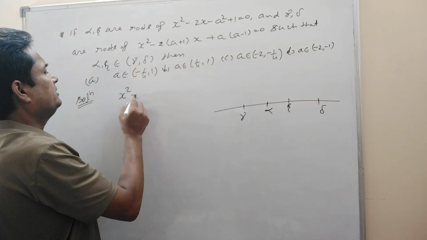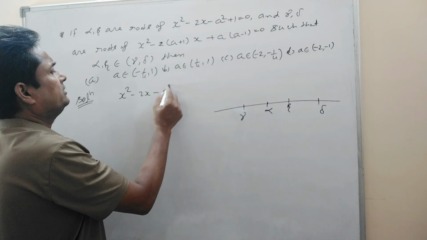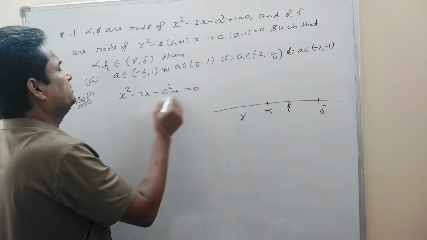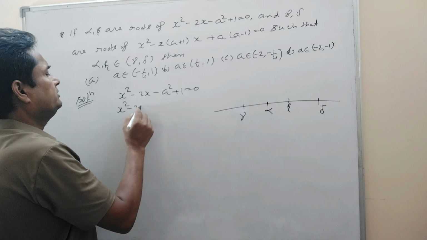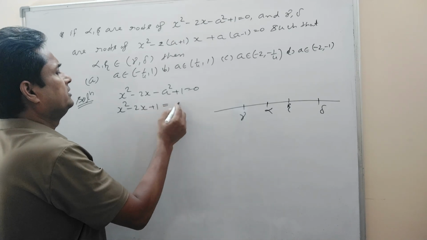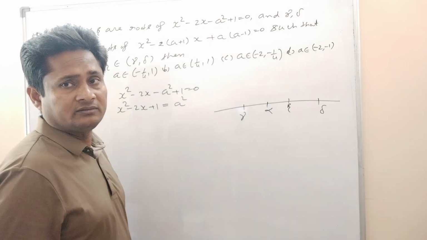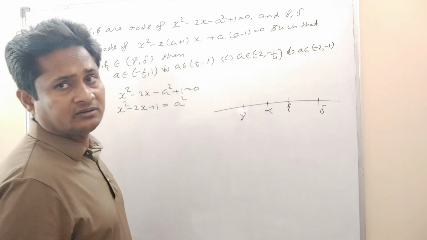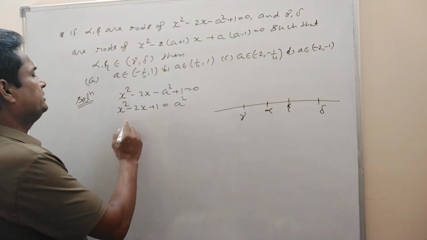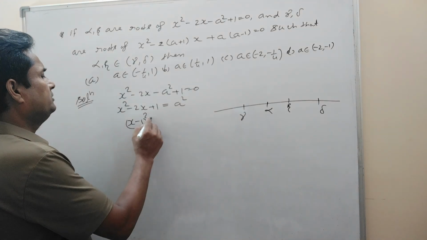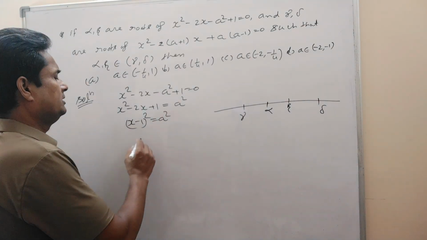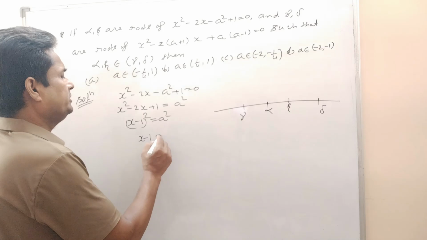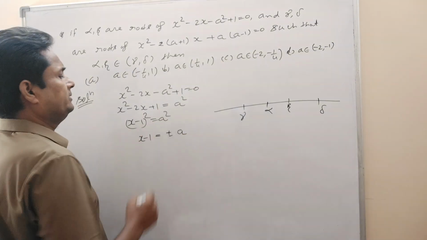So x square minus 2x minus a square plus 1 is equal to 0. This can be written as x square minus 2x plus 1 is equal to a square. 1 added to this one and a square sent to right hand side. So this can be written as (x minus 1) whole square is equal to a square. So x minus 1 can be written as plus minus of a.